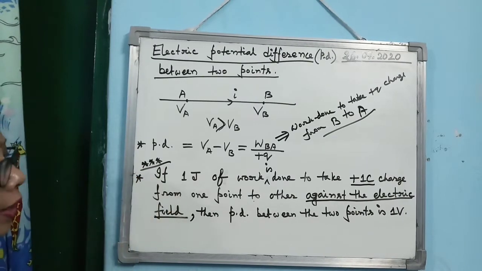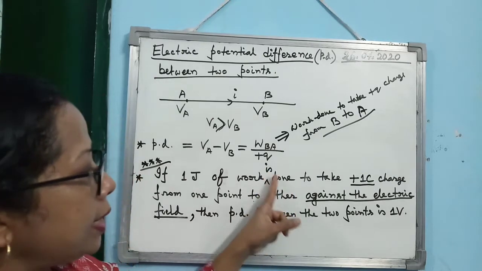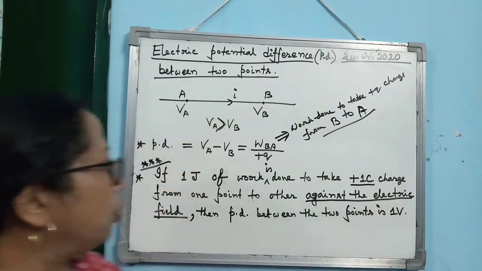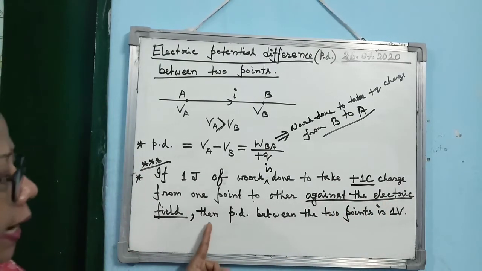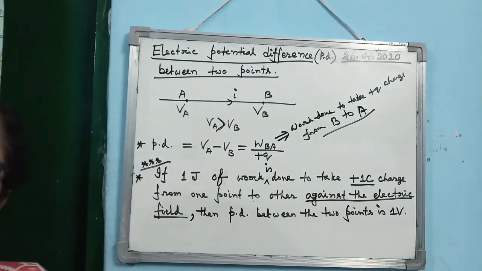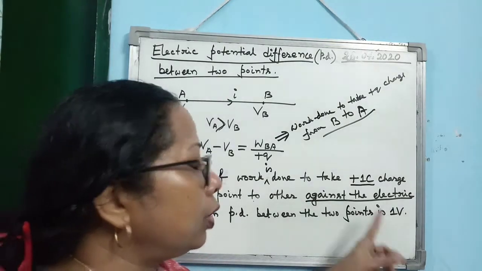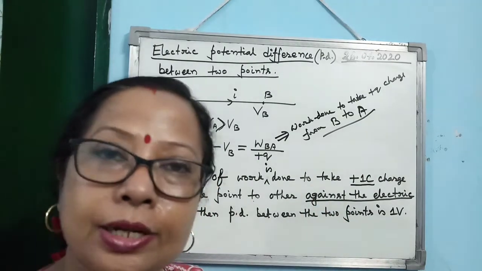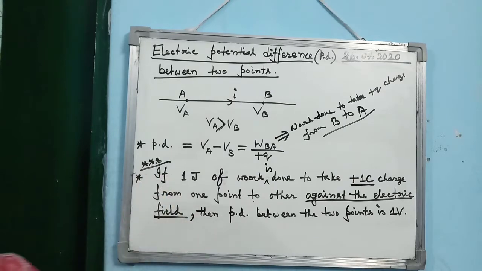For example, if 1 joule of work is done to take plus 1 coulomb charge from one point to another against the electric field, then the potential difference between the 2 points is 1 volt. So you should learn the definition of 1 volt in terms of electric potential difference also.